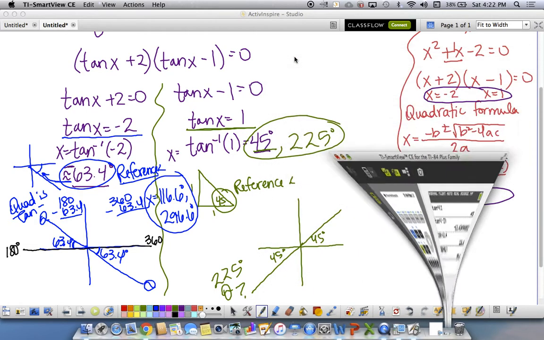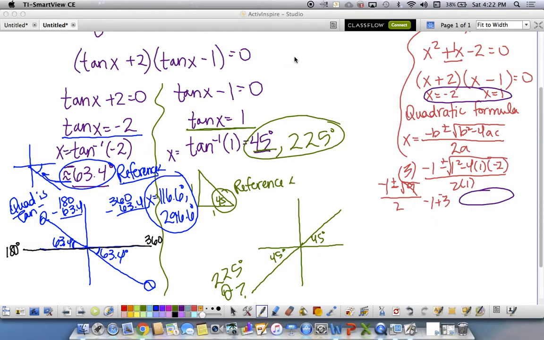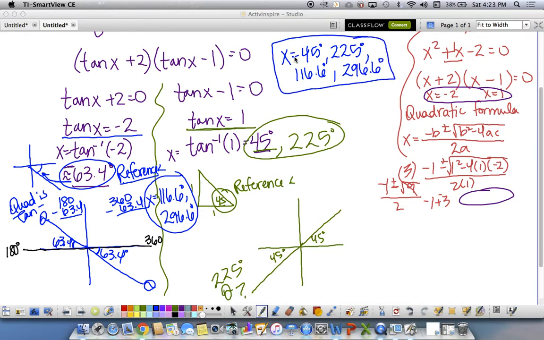We may have 4 answers. In this case, we do. Okay, so our answers are x equals 45 degrees, 225, 116.6 degrees, and 296.6 degrees. It wouldn't really be necessarily and, but or could equal any of those numbers. Okay? Whew, that seems like a lot. Let's try another one.